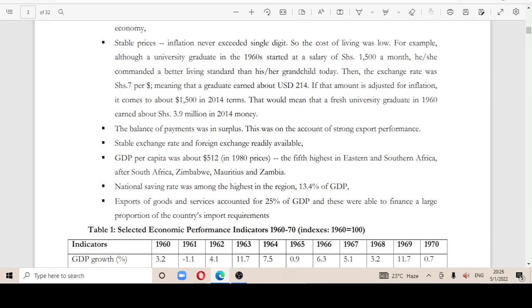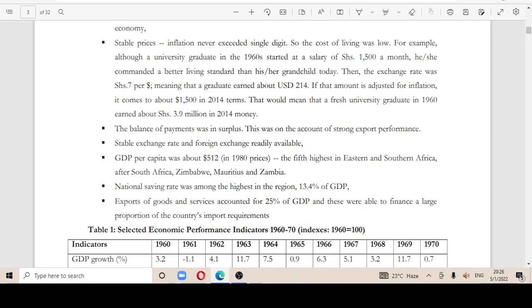Then looking at the stable exchange rate and foreign exchange, which were readily available, GDP per capita was about US dollars 512, making Uganda's economy the fifth highest in Southern Africa, after South Africa, Zimbabwe, and those other countries.